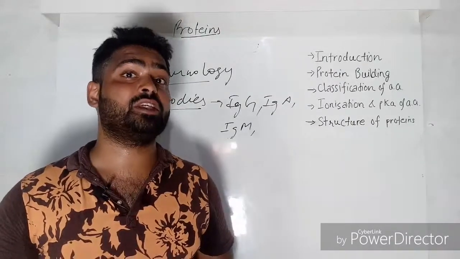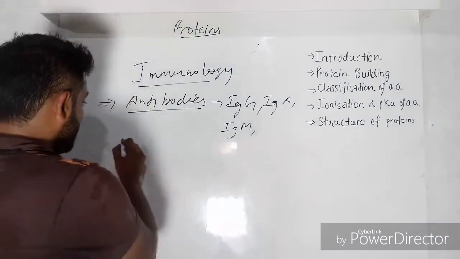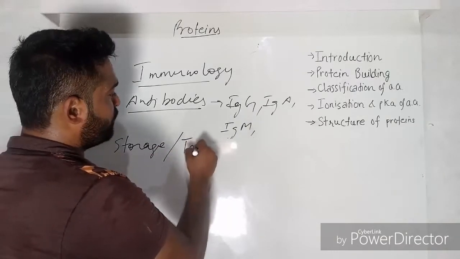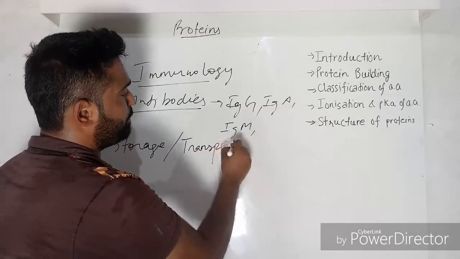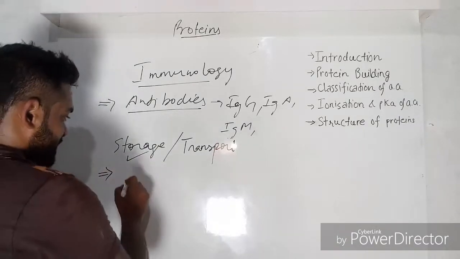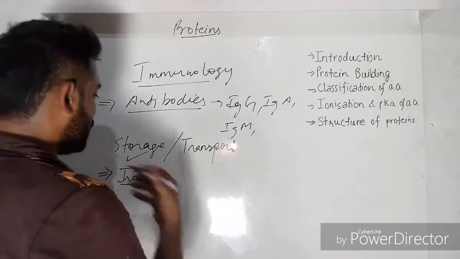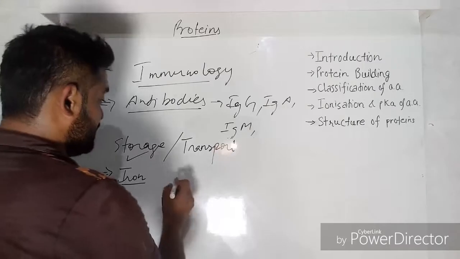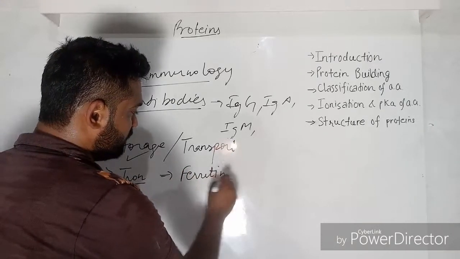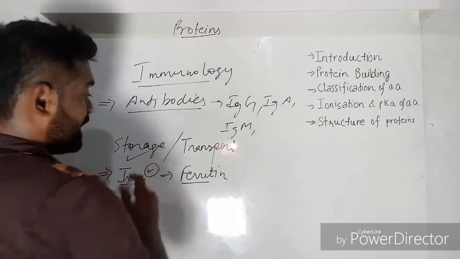Now, apart from these functions, these proteins also play other important roles such as the storage and transport of certain metal ions. Storage proteins store certain metal ions such as iron. The protein in which iron is found is known as ferritin, which stores iron in it.